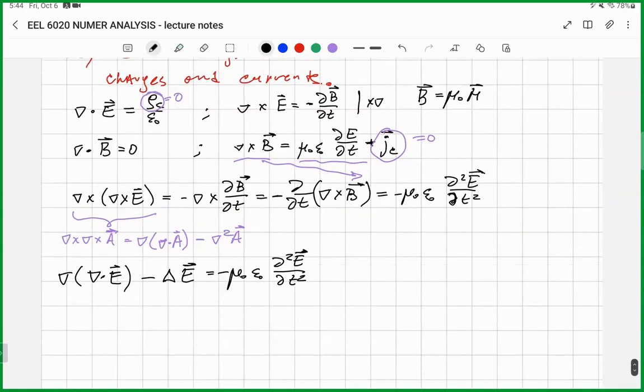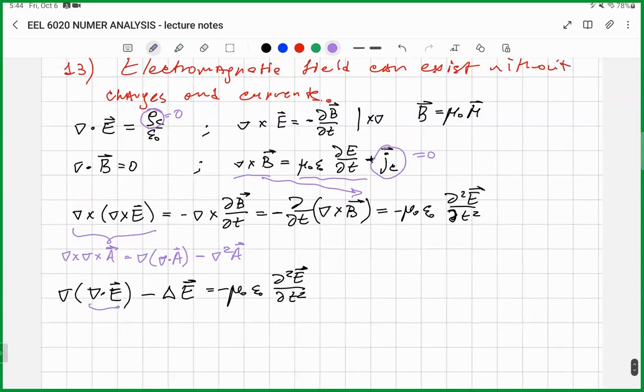Okay, so now I look at this formula, and I notice that without charges, the divergence of electric field is equal to 0.